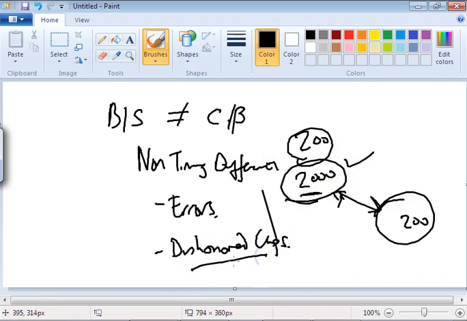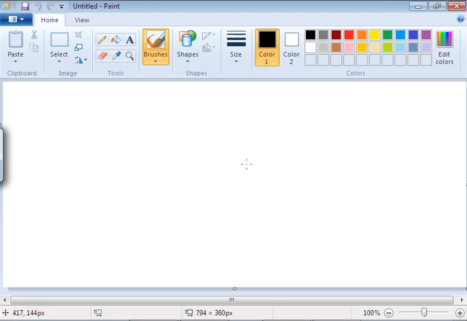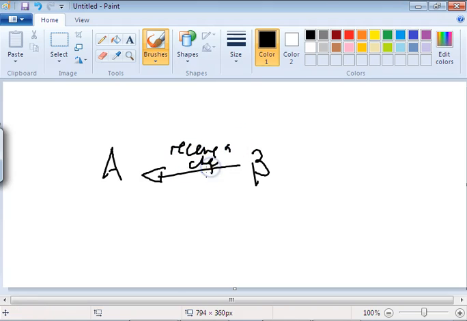And then we have the situation with our dishonored checks. Now, what is a dishonored check? Let's discuss this. For example, you have a scenario where, let's call you A, you receive a check from B. Then, of course, in your cash book you record the check.